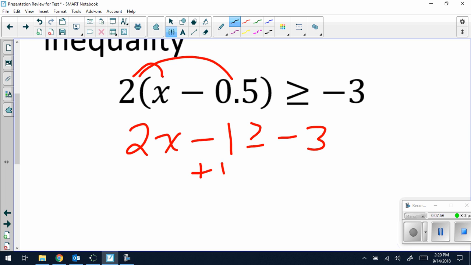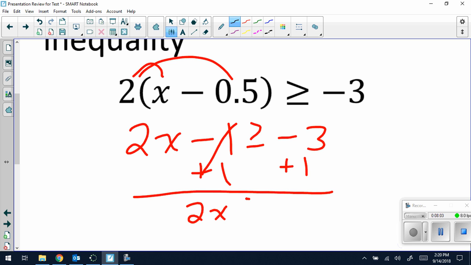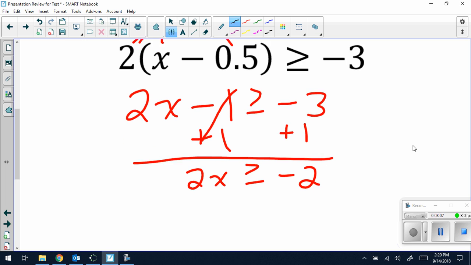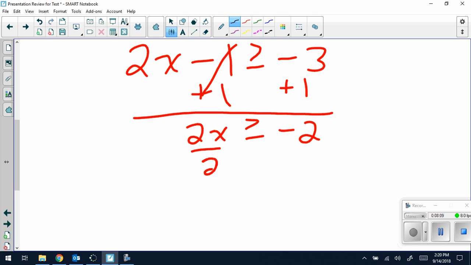Now it's just 2 steps, so I'm going to add 1 to both sides. Signs are different, so I subtract and keep the sign of the larger. Dividing by 2, I get x is greater than or equal to -1.